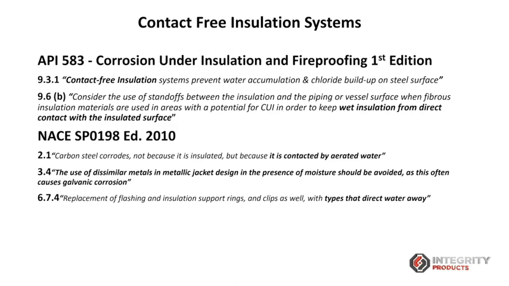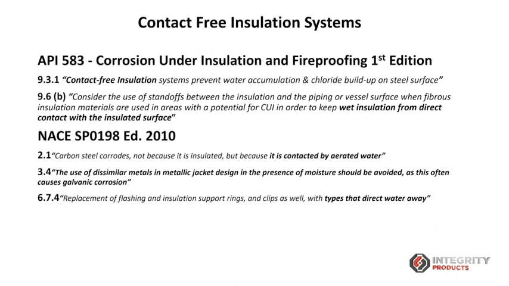So we were talking about the myth of whether the insulation is the reason for CUI or not. NACE SP198 is breaking this myth. It says in 2.1 that carbon steel corrodes not because it is insulated, but because it is contacted by aerated water. So that means the contact of the water is the concern, not the contact of insulation.